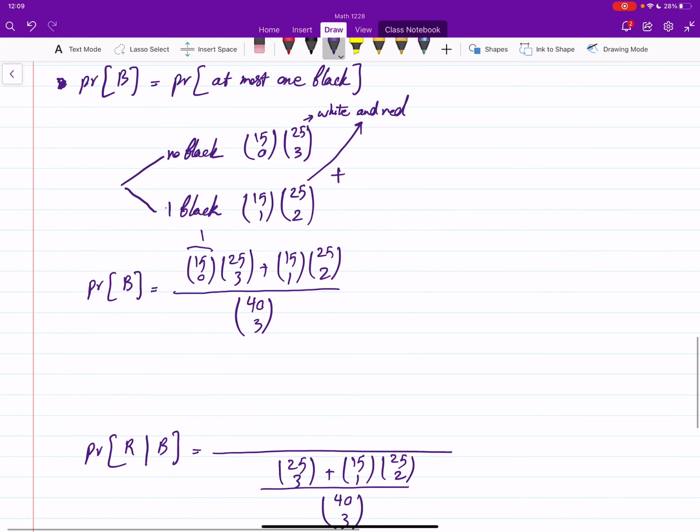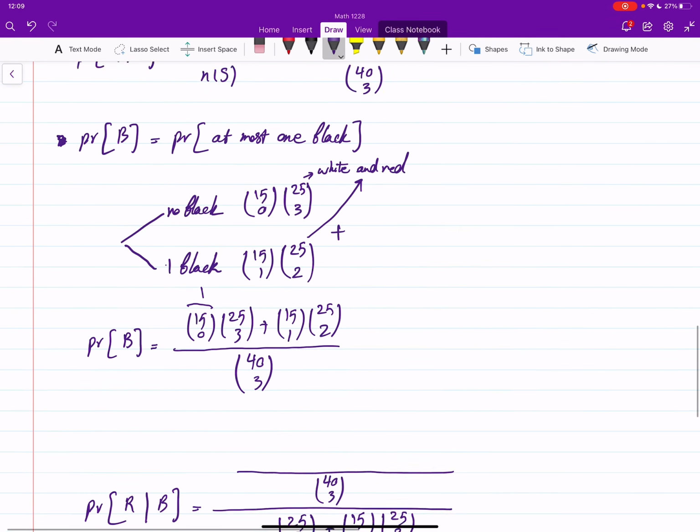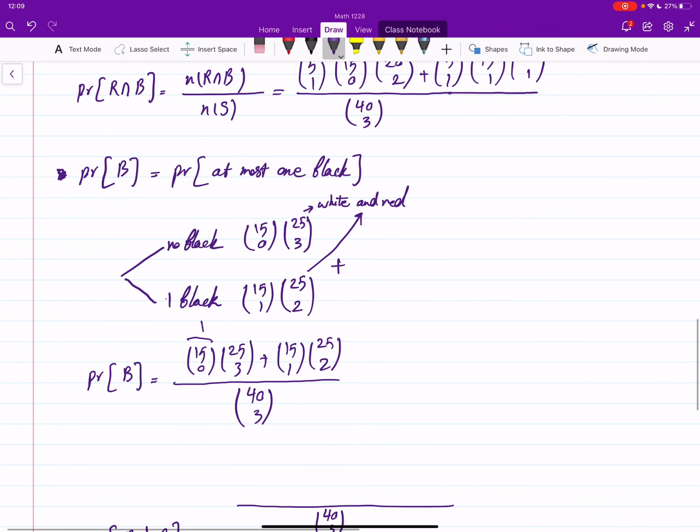And in the numerator, we have 5 choose 1, 15 choose 0, I won't write that, and write 20 choose 2, plus 5 choose 1, 15 choose 1, and 20 choose 1, over 40 choose 3.